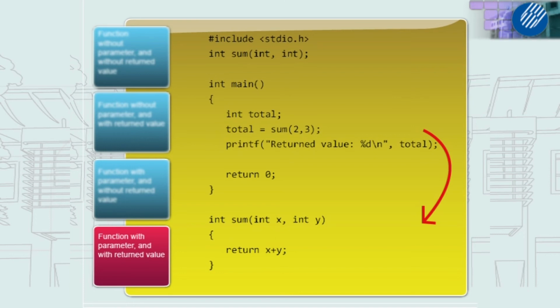You should also notice that inside the function called sum, the returned value is directly calculated using the syntax return x plus y. As I said earlier, the returned value is significant with the return data type at the function heading, as well as the variable name total in the main function. Do you understand it? Discuss further these methods with your tutor.